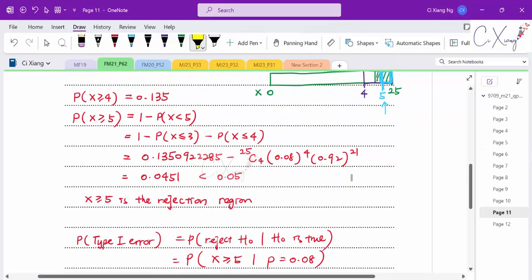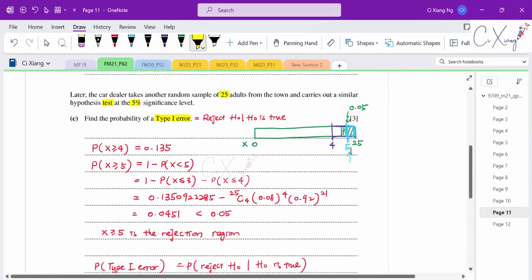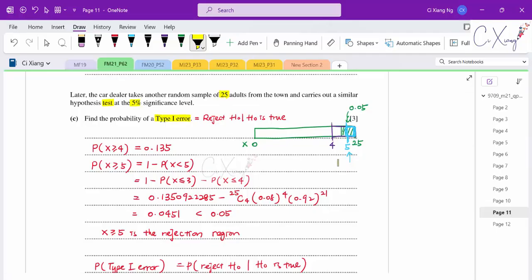Okay, so for this question, it is slightly harder because you need to find out the rejection region first. With a binomial distribution, to find out the rejection region, you need to test one by one. And of course, you might need to use the result in part A as a reference, so that you know that for the trial and error value, you shouldn't try any value smaller than 4.